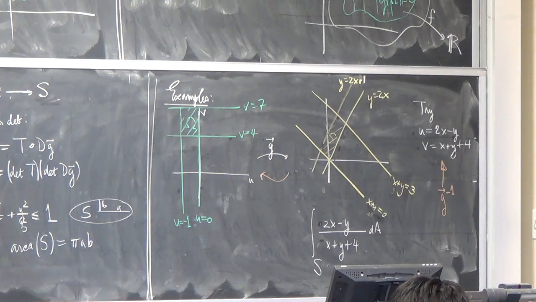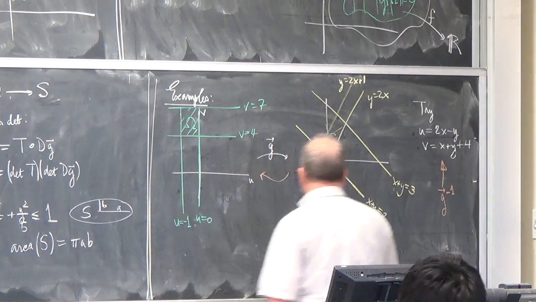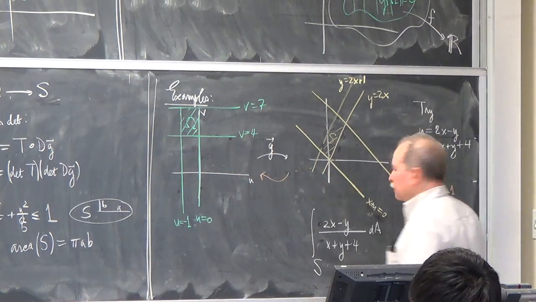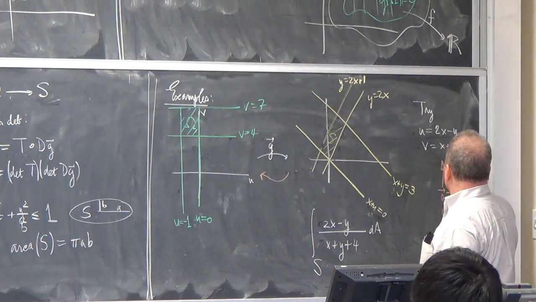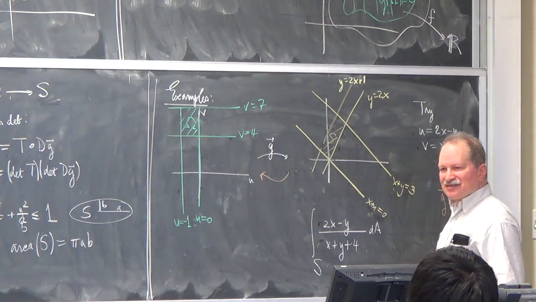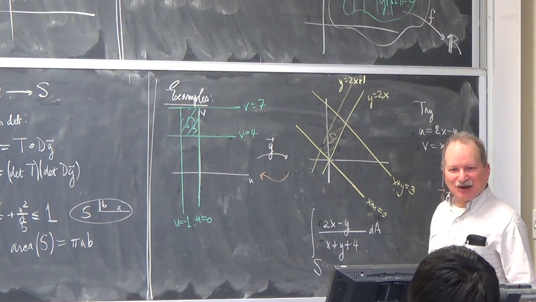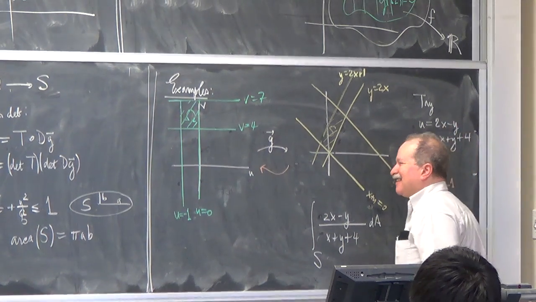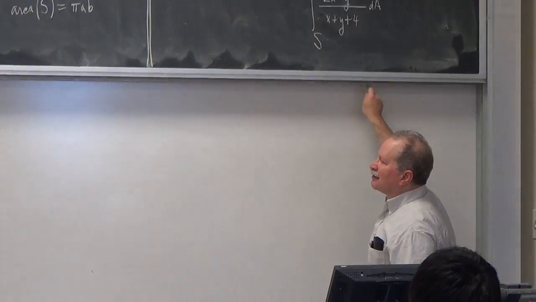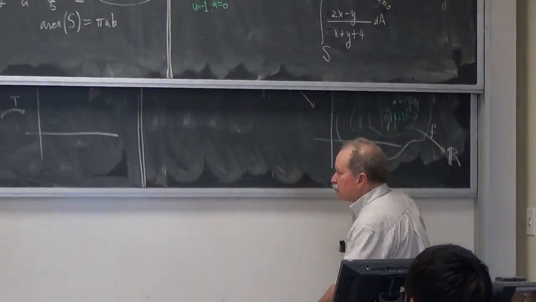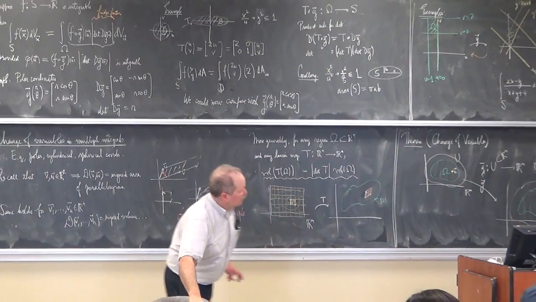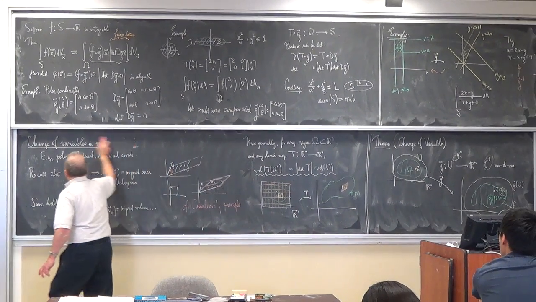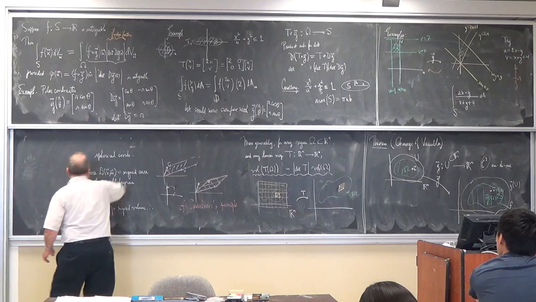So if someone made you figure out G, what would you do? How do we figure out G? Just solve for x and y in terms of u and v. Sounds like solving systems of linear equations, doesn't it? So what do we got?